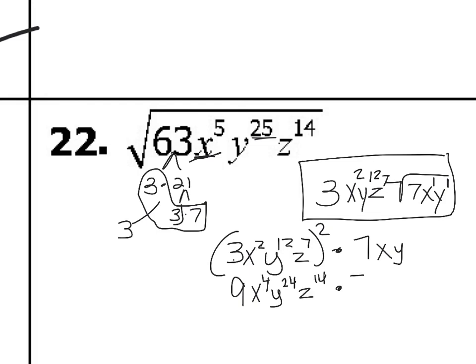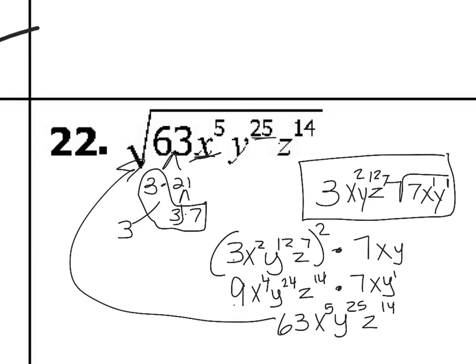We're going to multiply that by 7xy. 9 times 7, 63. x to the 4th times x, invisible 1, is x to the 5th. y to the 24 times y to the 1 is y to the 25. And then put your z to the 14. So that matches. So our answer is correct.